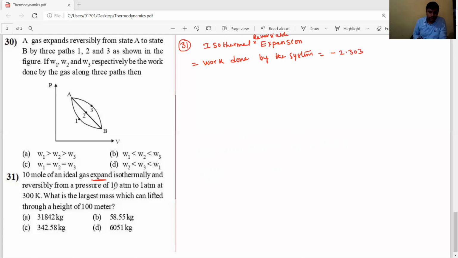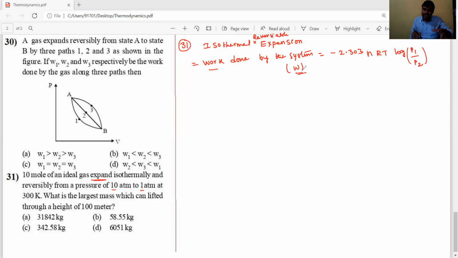2.303. Here the initial pressure and final pressure are given. So minus 2.303 nRT into log P1 by P2 gives the W value, which is the work done by the system.